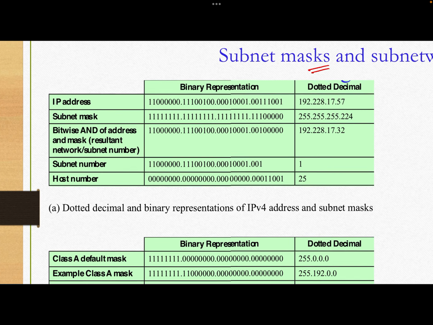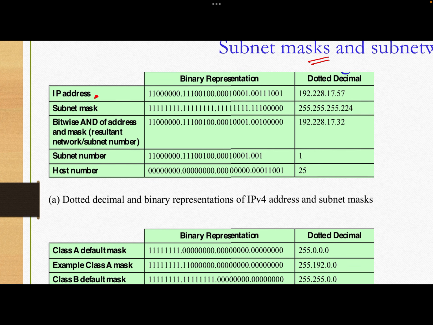This is an example of an IP address. In binary representation, you have 8 bits, then another 8. And in dotted decimal, you have 4 decimal numbers with a dot in between. So 1, and then this is 192, this one is 228, something like that, this one is 17, and this one is 57.